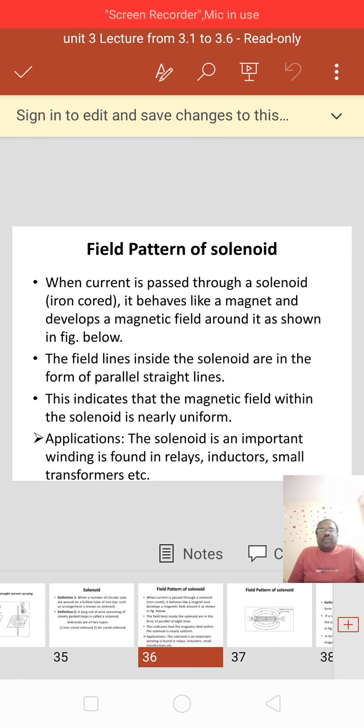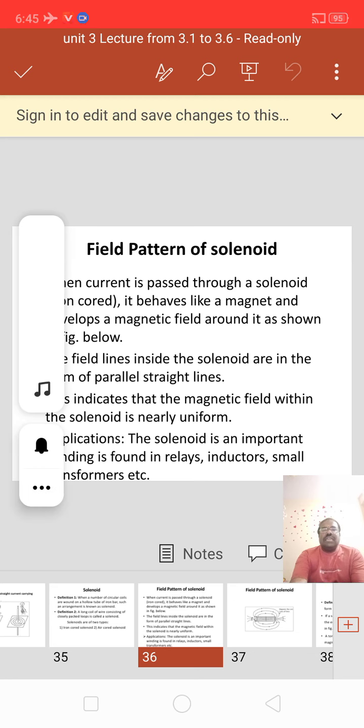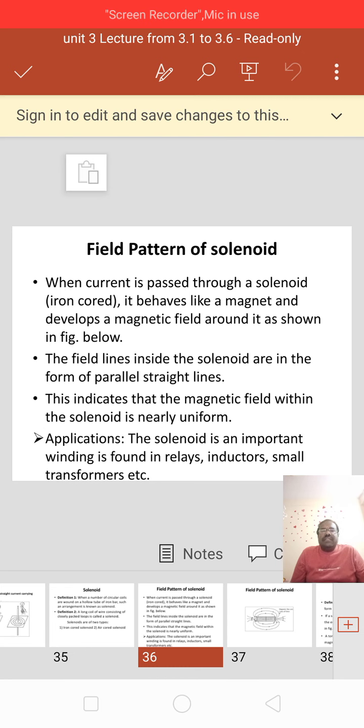Now here I have shown the field pattern of a solenoid with the help of explanation. When current is passed through a solenoid with an iron core, it behaves like a magnet, and a magnetic field exists around it as shown in the figure below.